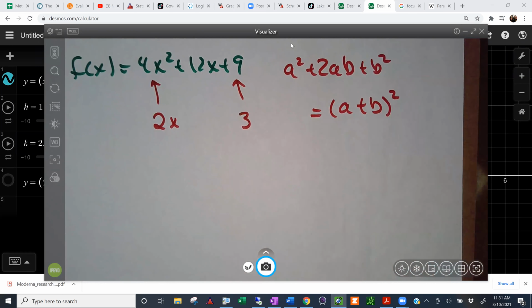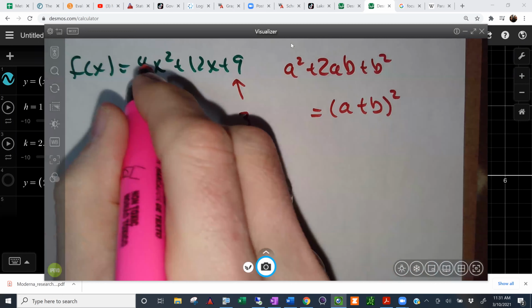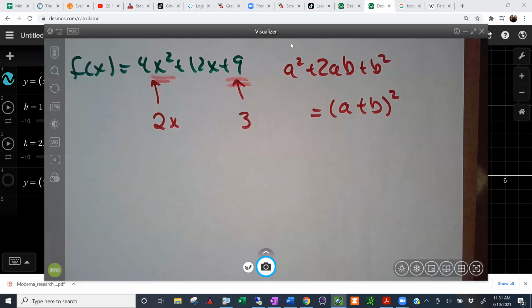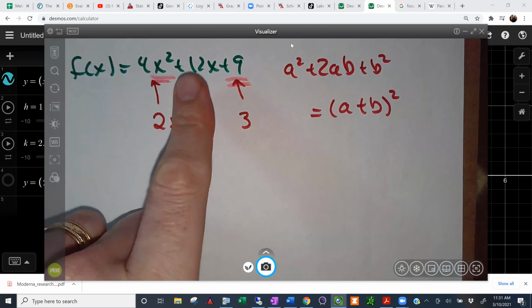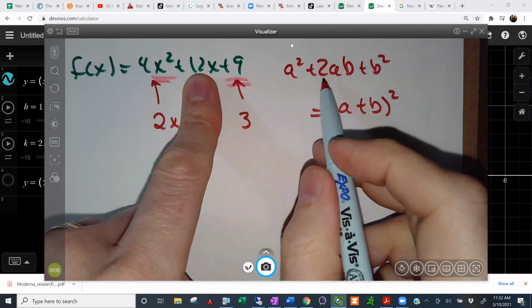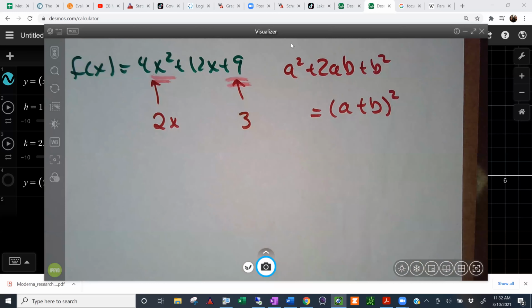So if you happen to see that the end terms are perfect squares like this, then what you want to check is, does the middle term turn out to be 2 times a times b? Does it fit that pattern?